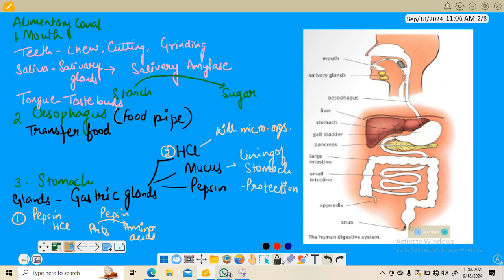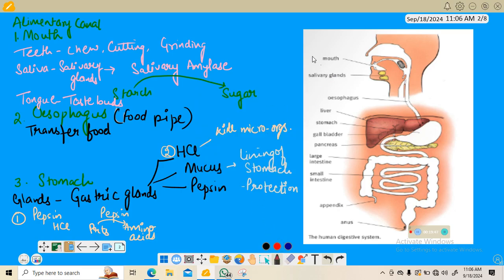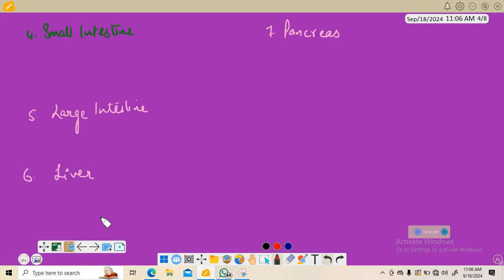Now the mouth is the first part, then coming to the esophagus, then third is the stomach. After that, coming to the small intestine.